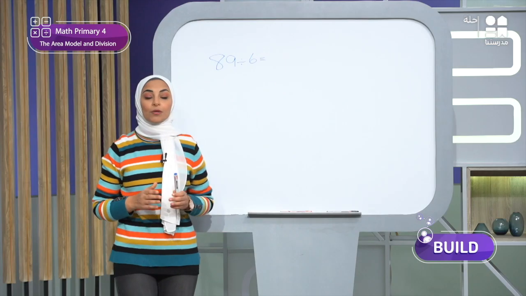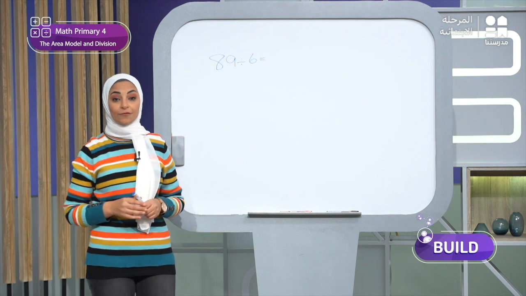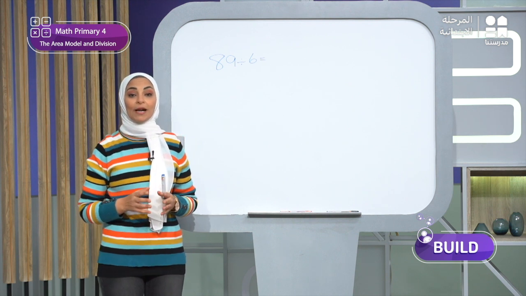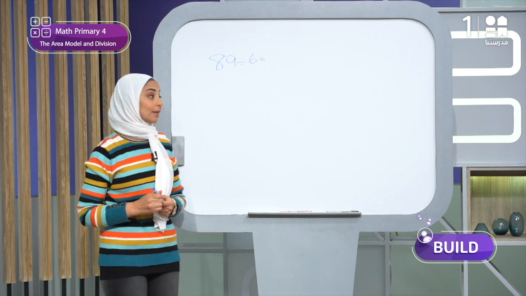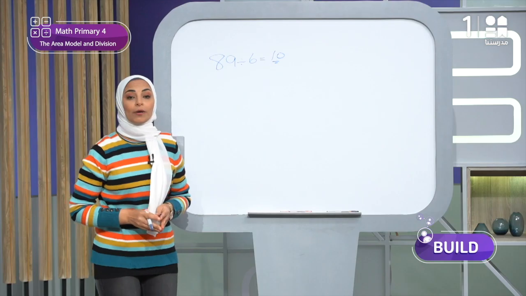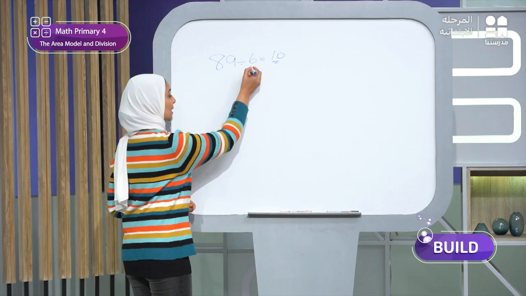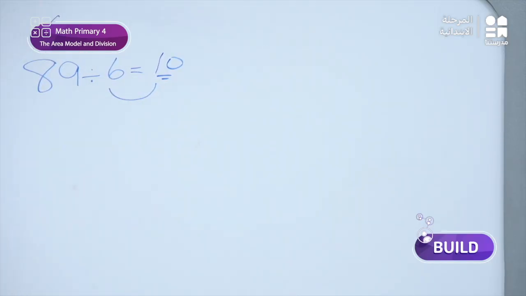Okay, and as we know, 89 is the dividend and 6 is the divisor. If you want to divide 89 by 6, someone might say that each class will take 10 books, right? Okay, if you multiply 10 by 6 we get what? If I make 10 times 6, the answer will be 60, right?